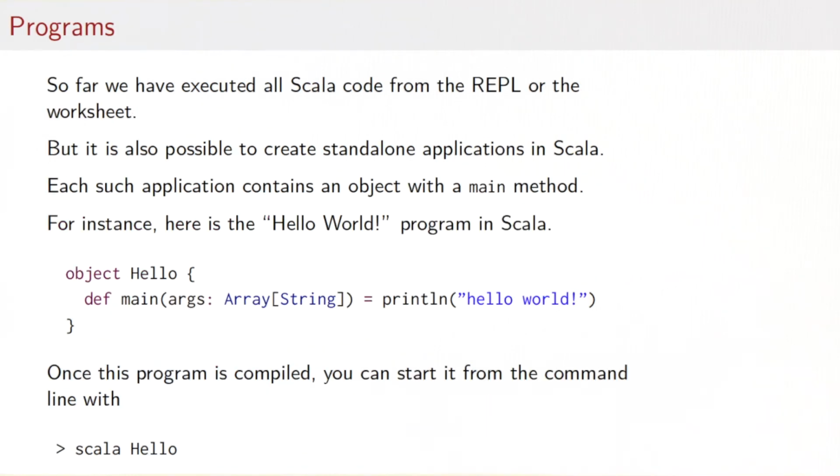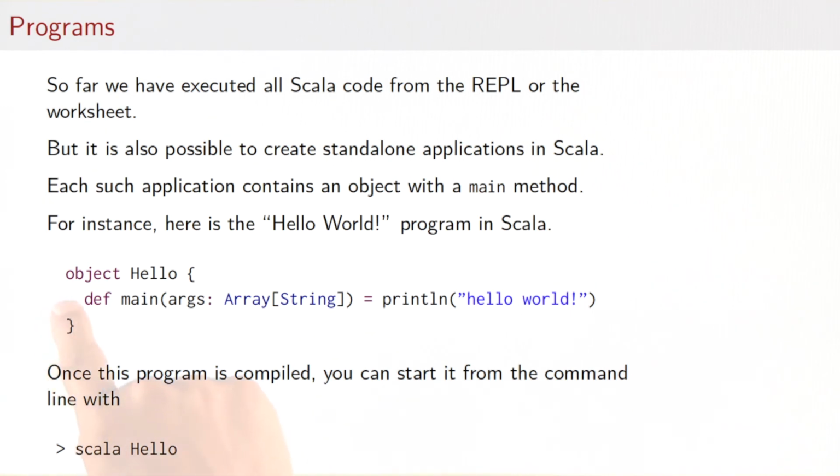So since we are already looking at objects, let's take a quick excursion and look at what a program would be in Scala. So far we've executed all Scala code from the REPL or the worksheet, but it's also possible to create standalone applications. Each such application would contain an object, and that object contains a main method. Let's look at this with the mandatory Hello World program written in Scala.